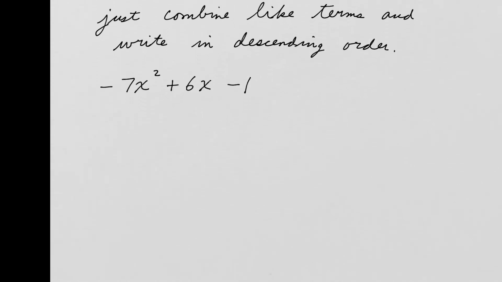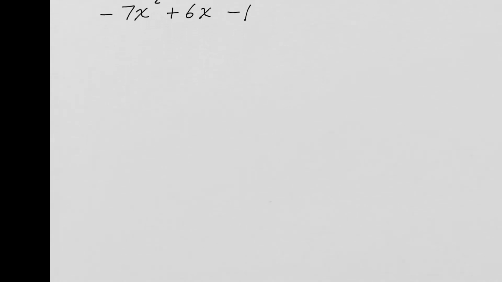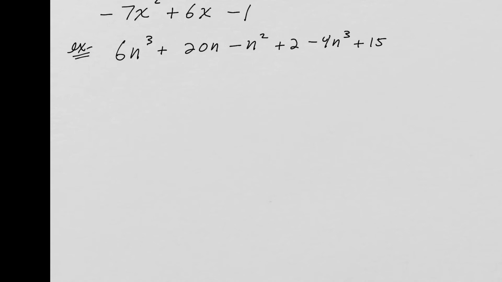Here's another example. So let's say it's 6n cubed plus 20n minus n squared plus 2 minus 4n cubed plus 15n squared plus 8. So that's my polynomial, and I want to simplify it, right?